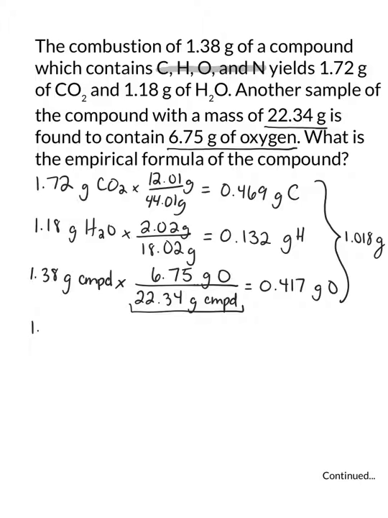So I'm going to take my 1.38 grams, I'm going to subtract out the 1.018 grams, and that is going to leave me with 0.362 grams of nitrogen. Now I have all four of my elements, carbon, hydrogen, oxygen, and nitrogen, and I can move on to the next step of determining the number of moles.